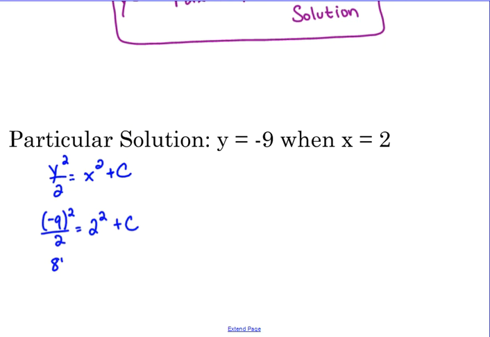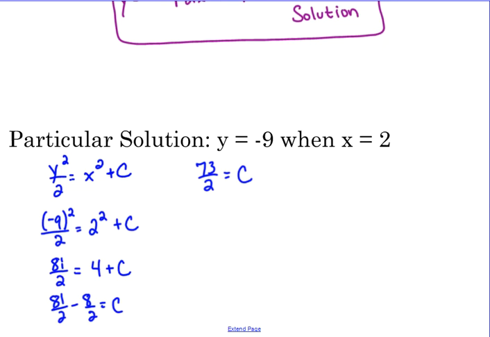So we've got 81 over 2 is equal to 4 plus c. So we have 81 over 2 minus 8 over 2 is equal to our c. So I think 73 over 2 is our c.